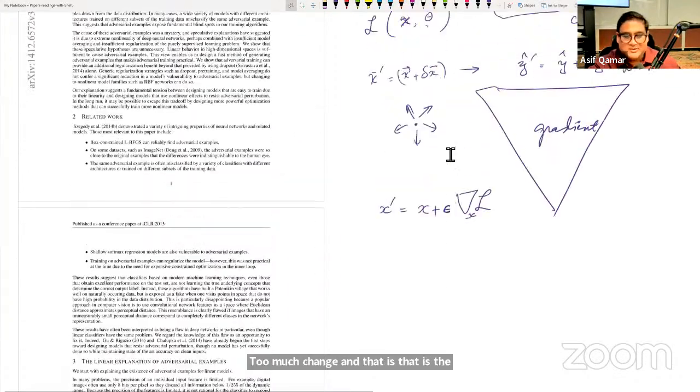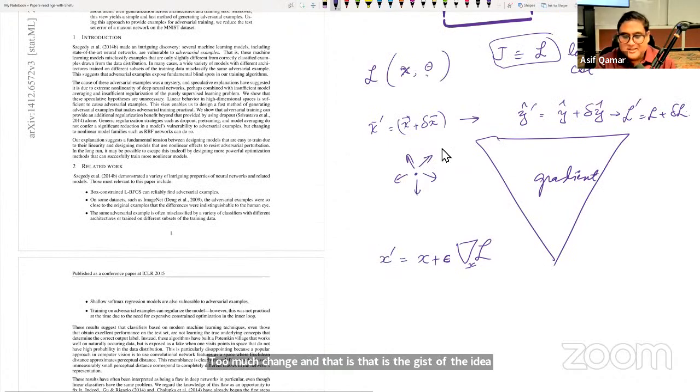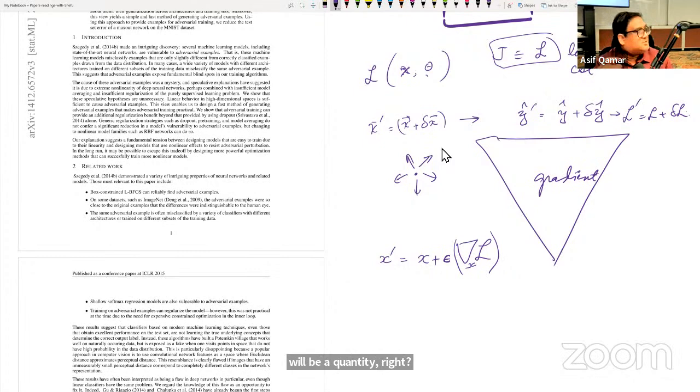Now, one more thing they do is that, see, this will be a quantity, right? To sort of normalize it and make sure things happen in a disciplined way, they don't take the whole of it, they just take the sign of it. +1, -1. They just want the direction, not the magnitude of the gradient. Right? In gradient descent, you care for the magnitude also.